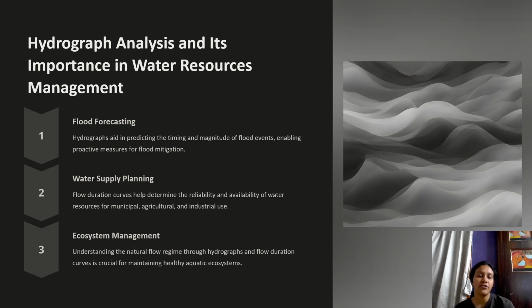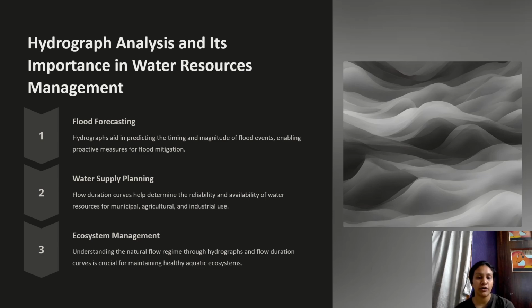Hydrograph analysis is important in water resource management, flood forecasting, water supply planning, and ecosystem management. Flood forecasting, hydrographs aid in predicting the timing and magnitude of flood events, enabling proactive measures for flood mitigation. Water supply planning.